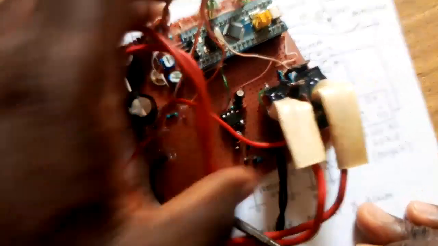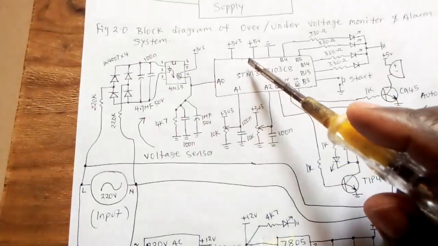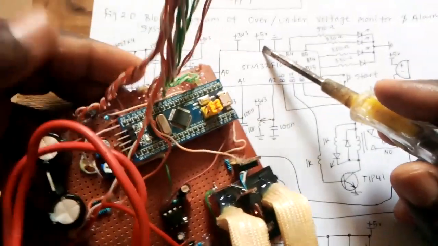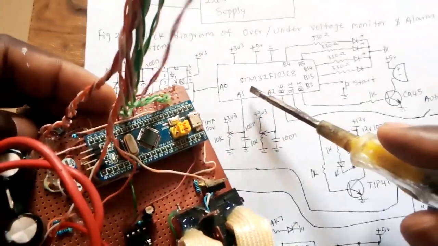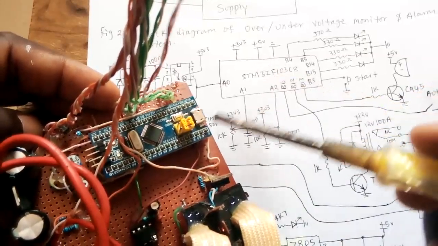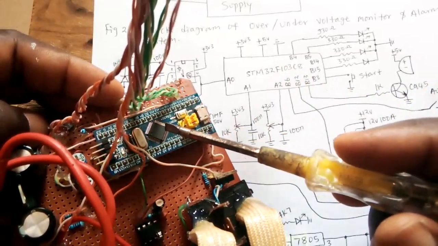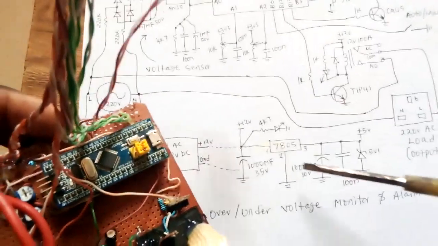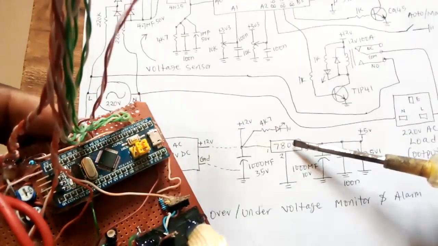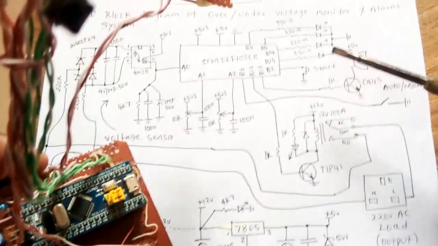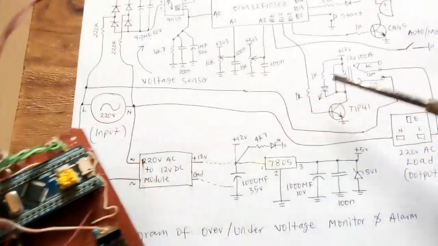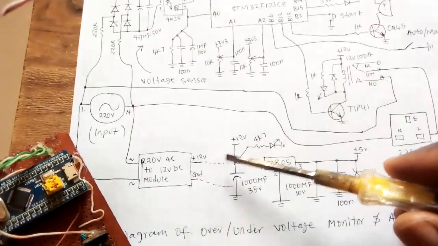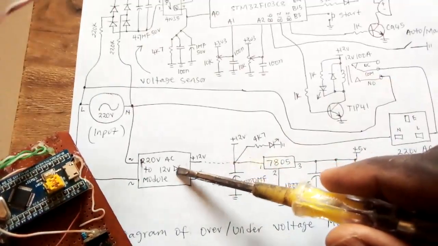So now I'm powering this board with 5 volts. I've mentioned that the microcontroller is actually 3.3 volts, but the board has a regulator, so that's the reason why I'm just supplying 5 volts here. The buzzer I'm also powering with 5 volts. Since my relay is 12 volts, it takes it from this 12 volt DC power module.